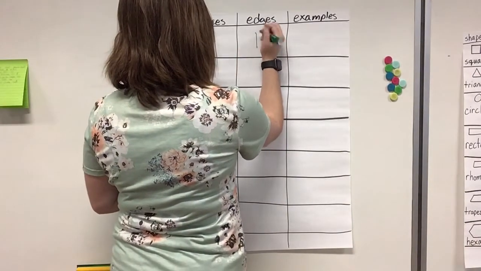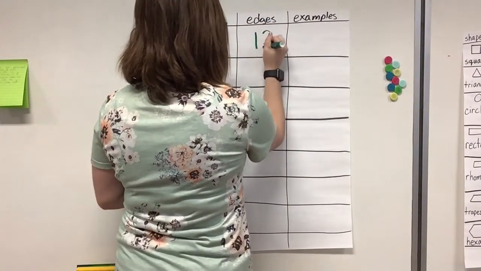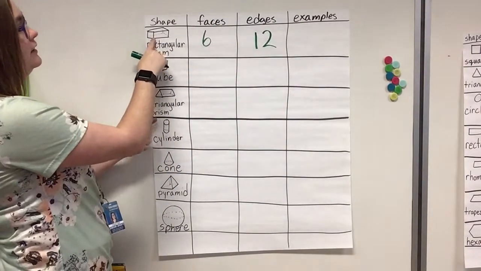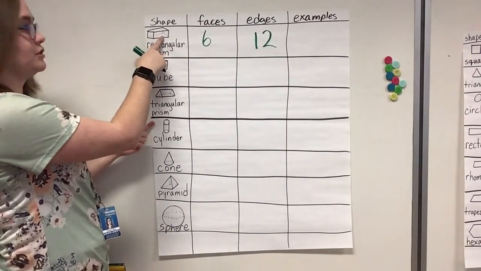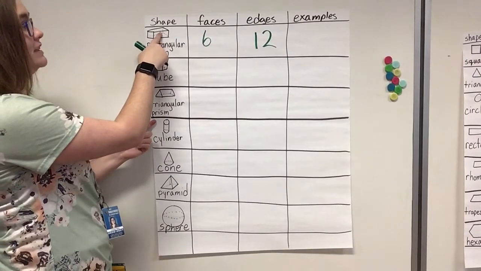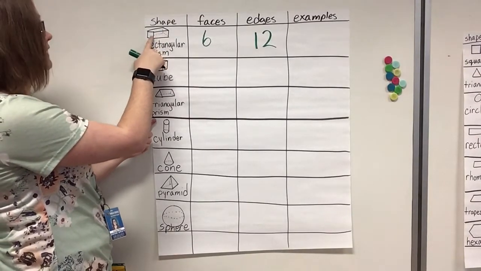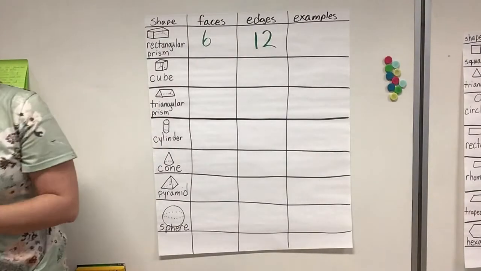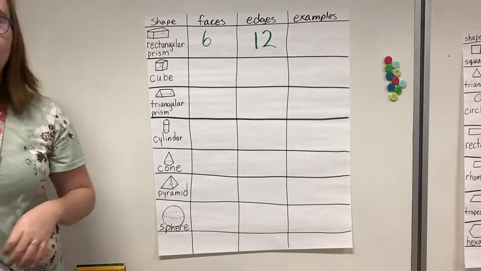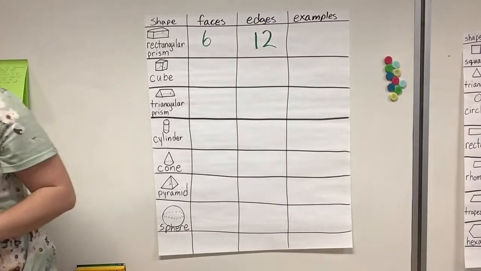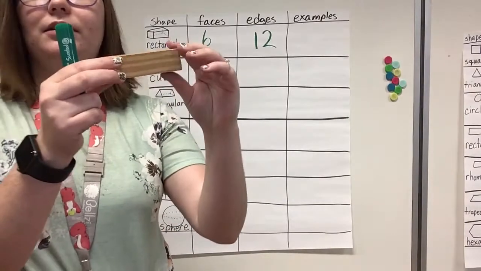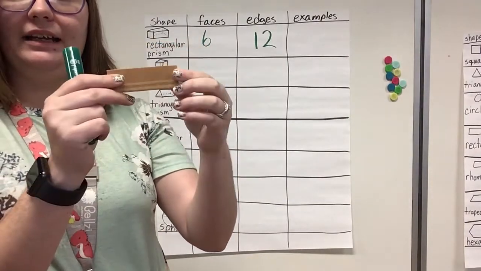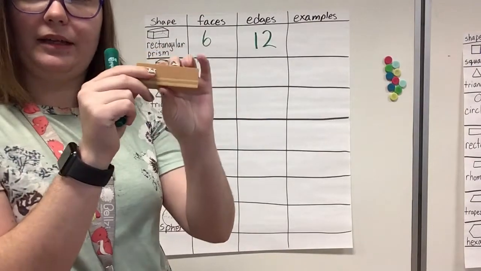Good job, guys. As you can see in my picture, some of the edges are straight lines that are dark, but if it's behind it, I put some dotted lines in here to show those edges. Good job. So now, can you think of an example of a rectangular prism? Something that looks like this in real life that's not this little model that I have.